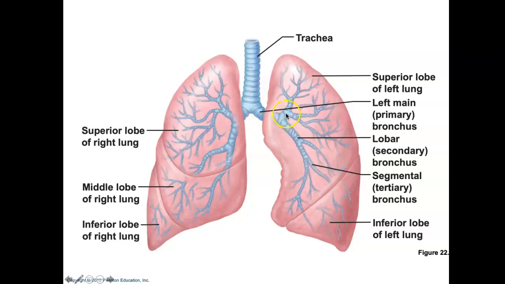And then off of the primary, do we have secondary branching? Yes. Then off of the secondary branching, do we have tertiary branching? Yes. What I want to focus on is trachea, right bronchus, left bronchus, and then all of these little tiny endings. Those are all bronchioles.